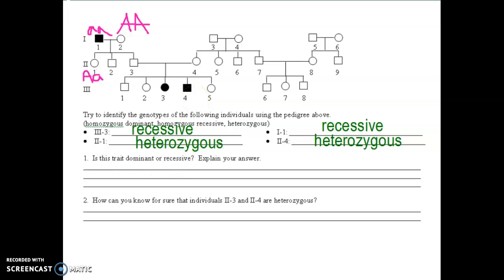Okay, is this trait dominant or recessive? It's absolutely recessive because there's only 3 people in the chart that have it. And then how can we know for sure that 2, 3 and 2, 4 are heterozygous? That's the ones we talked about, 2, 3 and 2, 4. They have to be heterozygous, otherwise these 2 children could not have that particular gene.